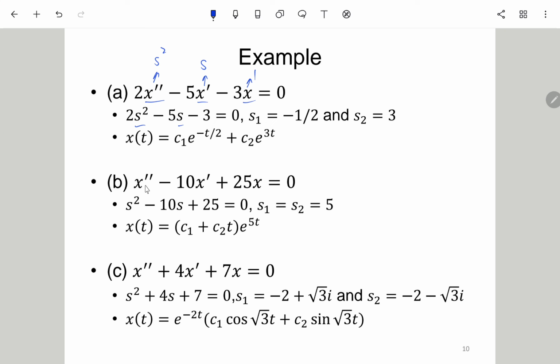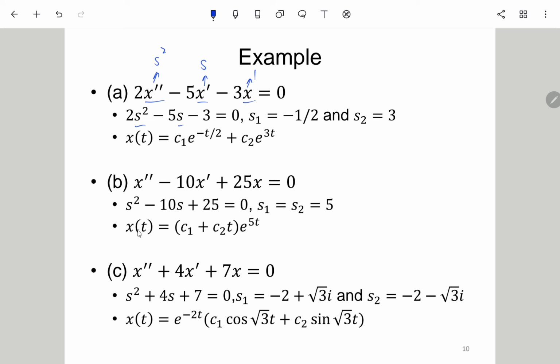For the second one, x double prime minus 10x prime plus 25x equals 0. This one gives s squared minus 10s plus 25 equals 0. Here we can clearly see that this is s minus 5 whole squared, which means the roots are s1 equals s2 equals 5.